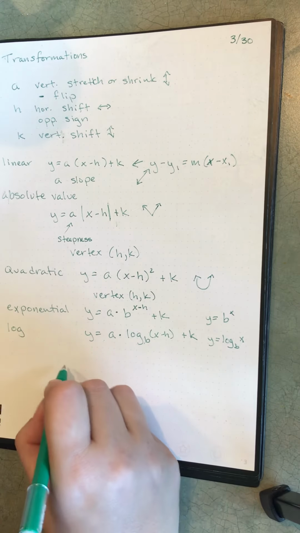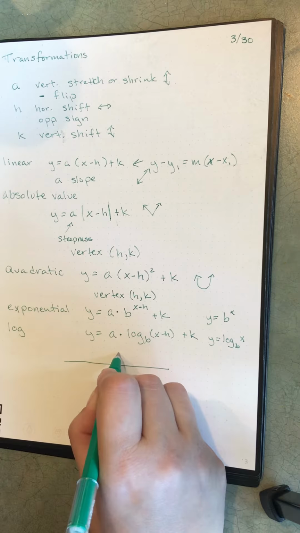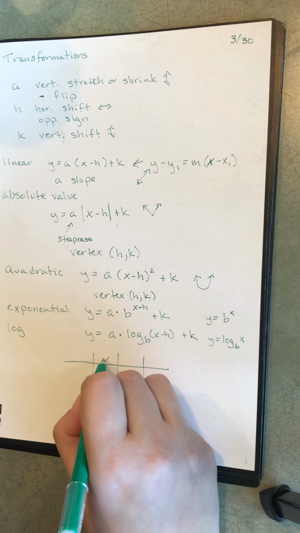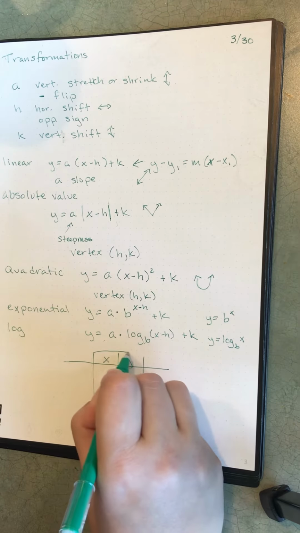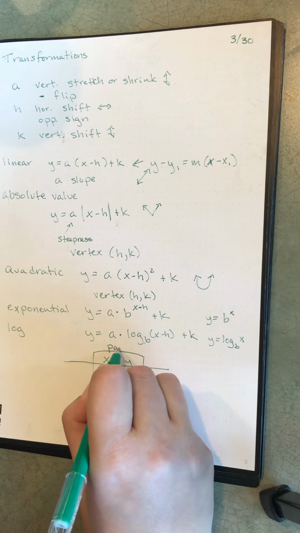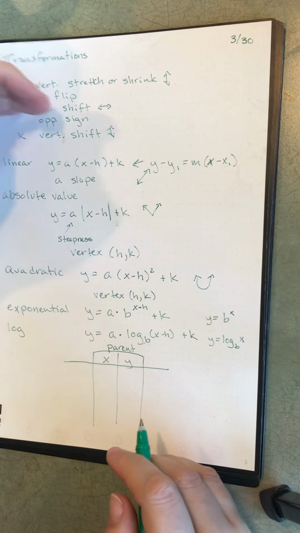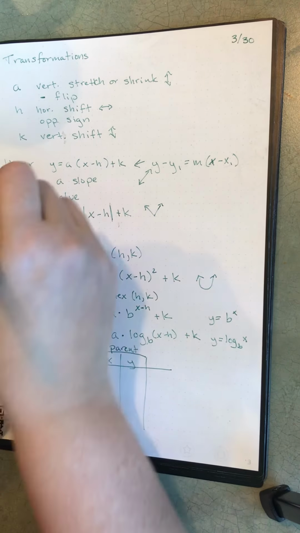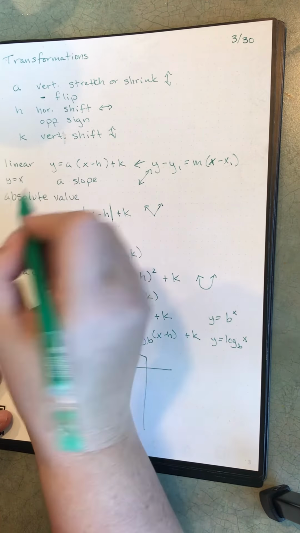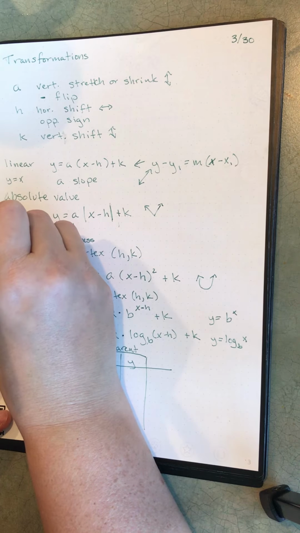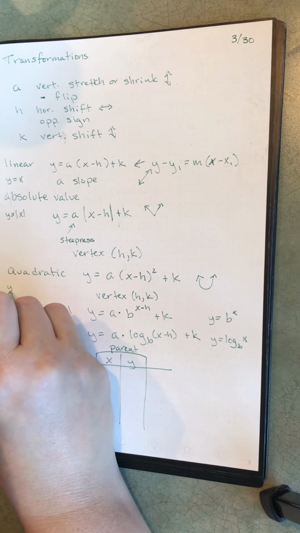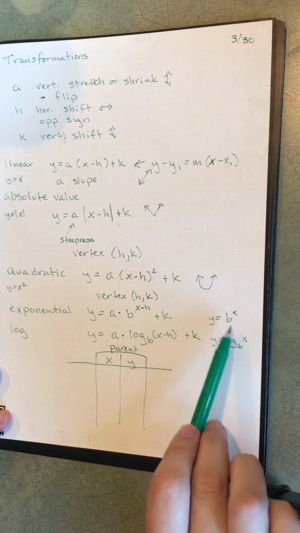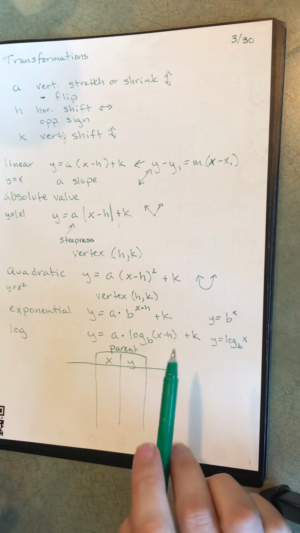So then let's talk about the table. If we use our 4-column table, this is x and this is y of the parent function. So for each of these, you're going to go with the parent function, right? So here it's y equals x, here it's y equals the absolute value of x, here it's y equals x squared, and then for these, again, your parent function is going to vary depending on the base of your exponent.